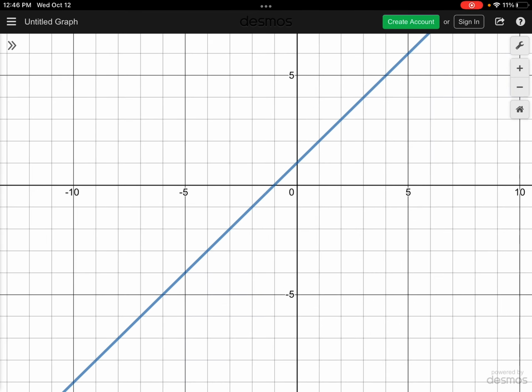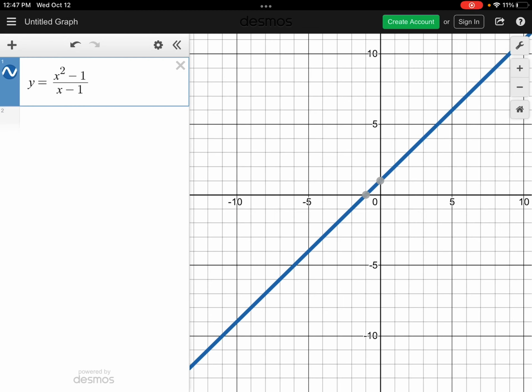Because sure, I can draw this whole thing, right? Except there's this crazy thing that happens over here at positive 1. I get that undefined because of the denominator, x minus 1, it's undefined at 1. So this has a point of discontinuity at 1 because the function does not exist there. Okay, so again, when we're talking about continuity, we describe its points of discontinuity.